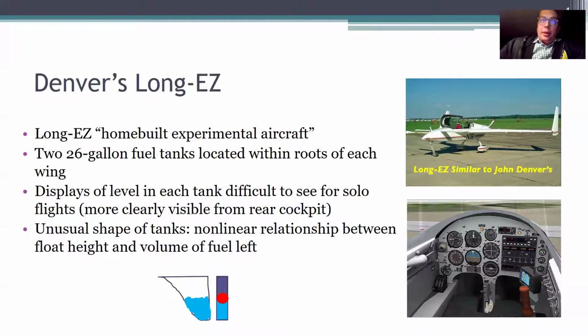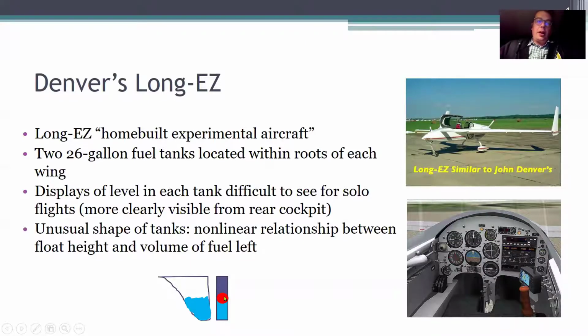And so here's an example, I made this illustration here, but if you can imagine, this is the base of the wing, and then the wing extends out this way. This is how the fuel would fill in that space. And so there's a nonlinear relationship between the amount of fuel and this float here, which was used in the fuel sighting gauge.